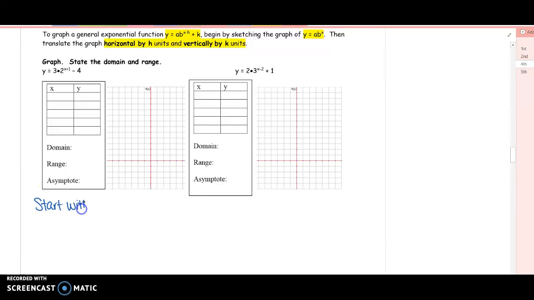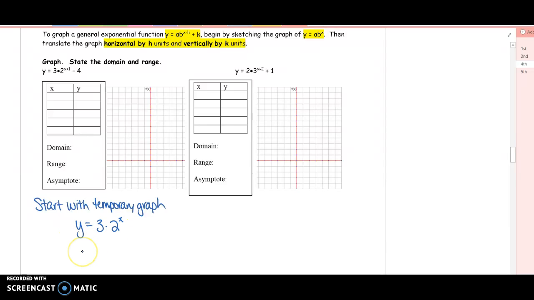Start with a temporary graph: y equals 3 times 2 to the x. Notice that I ignored the +1 and the -4 for now. Once you get to the x, stop and ignore everything else for now.